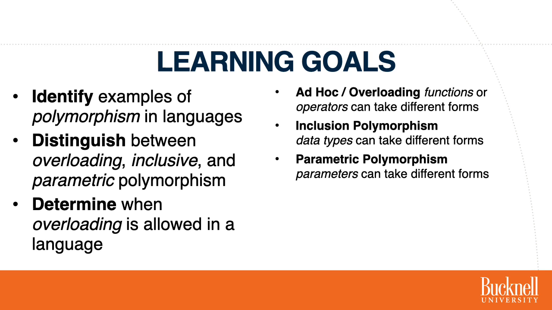Parametric polymorphism, which is when parameters can take different forms, can be implemented either as optional parameters or generic parameters that are non-specific to a particular type.